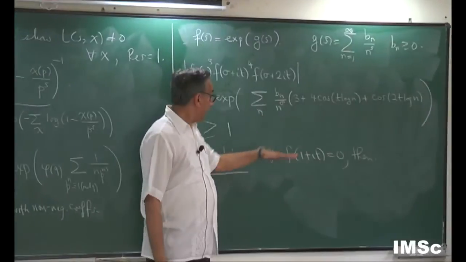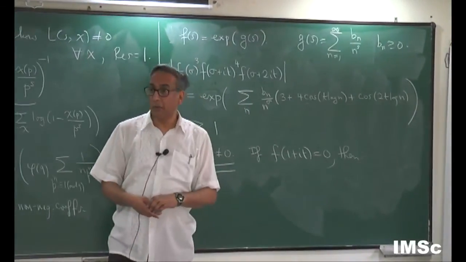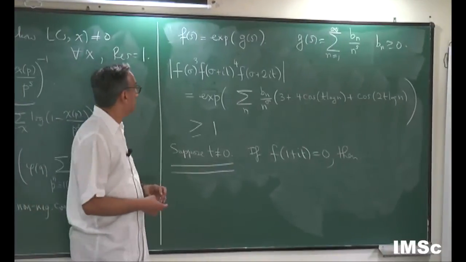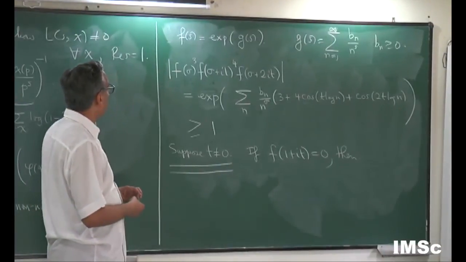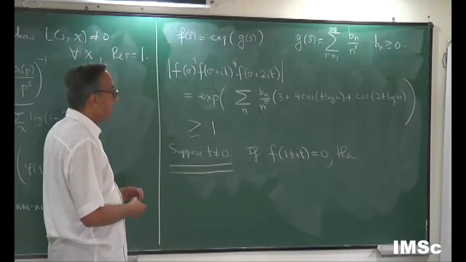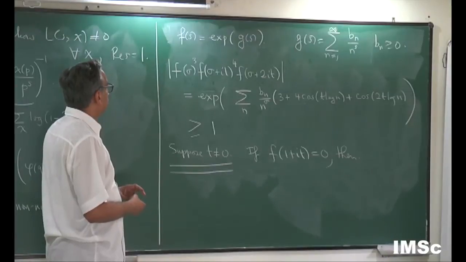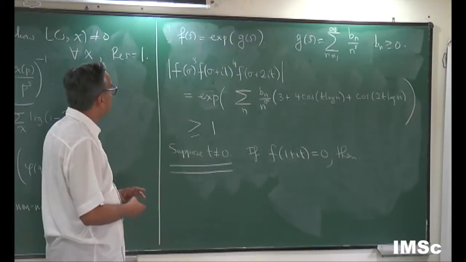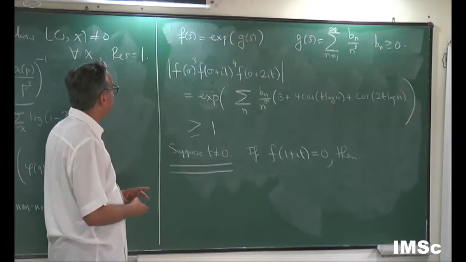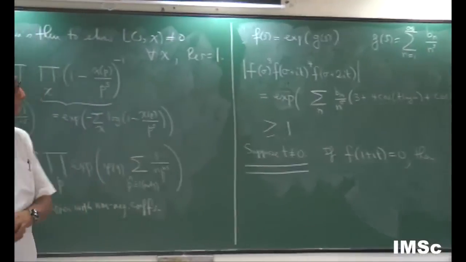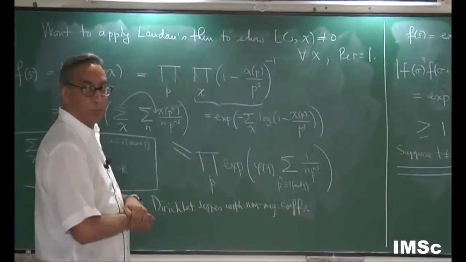Now, why did I have to assume t is not equal to 0 in this proof? Actually, this proof works, doesn't it?